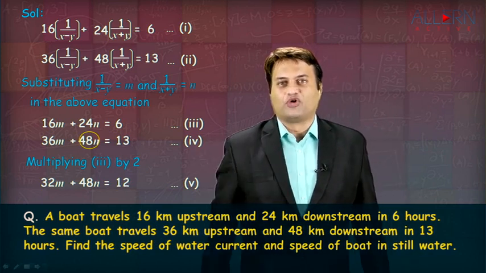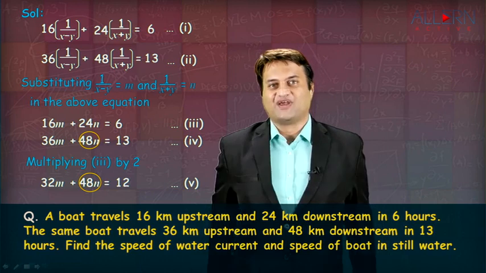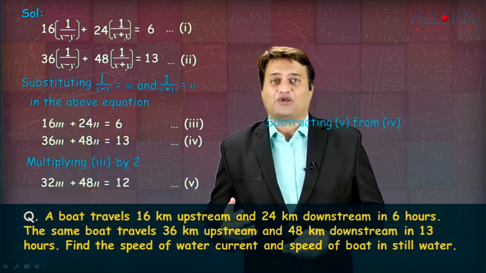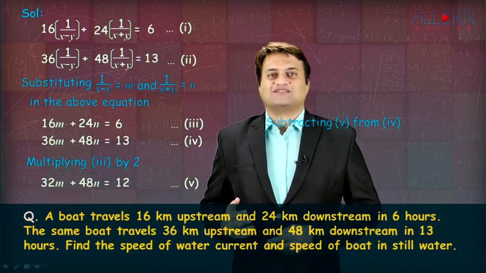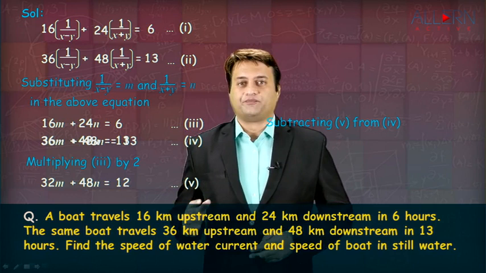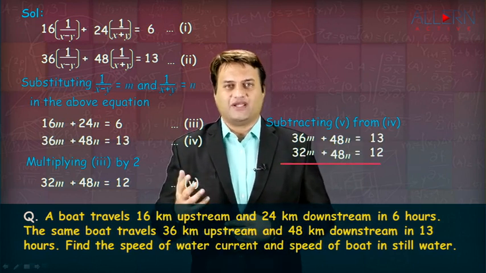Now look at the fourth and the fifth equation, where the coefficients of n are already the same, right? So we can easily eliminate n by subtracting, because the signs are also the same. Subtracting equation 5 from equation 4, what do we get? Write the fourth equation, write the fifth equation, subtract, change the signs.